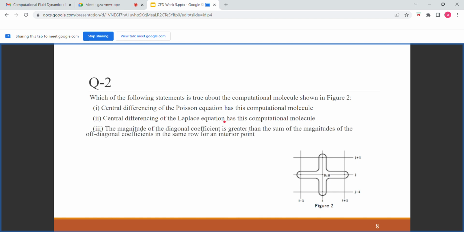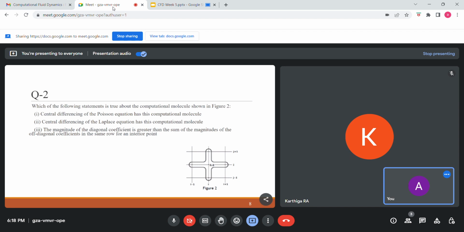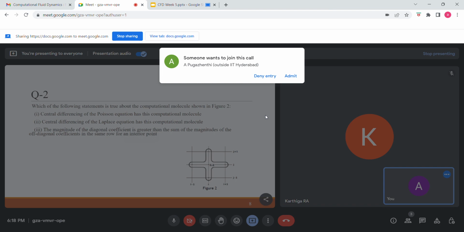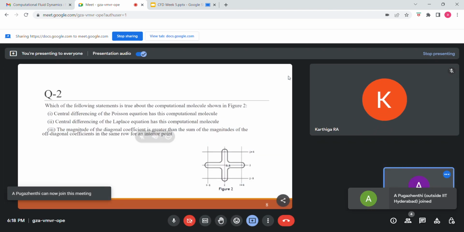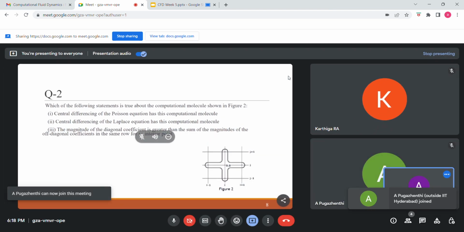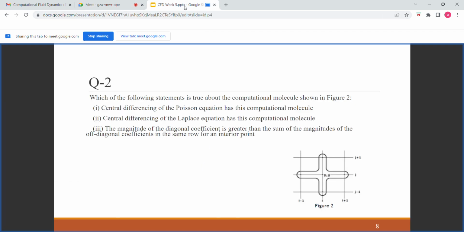And the magnitude of the diagonal coefficient is greater than the sum of the magnitudes of the off-diagonal coefficients in the same row for an interior point.